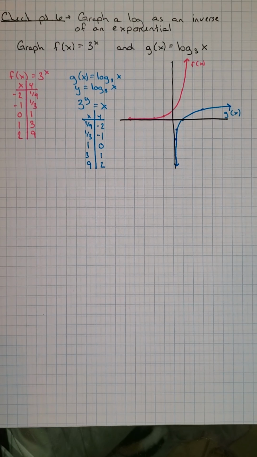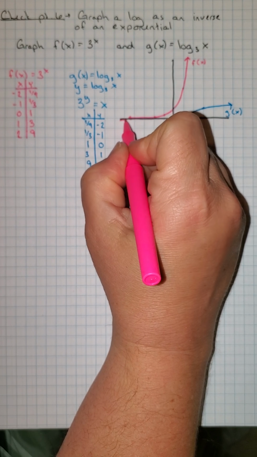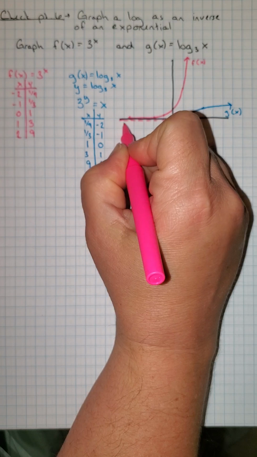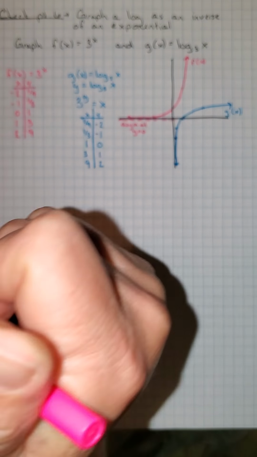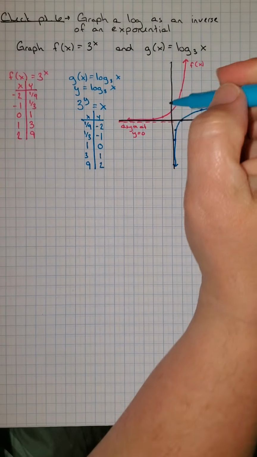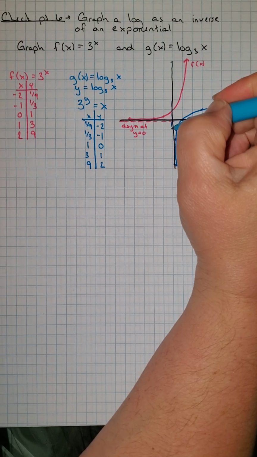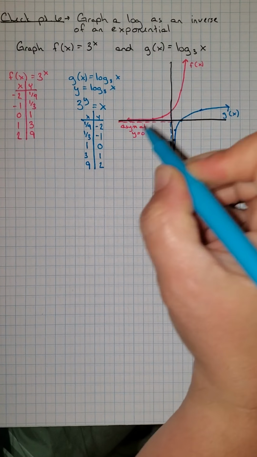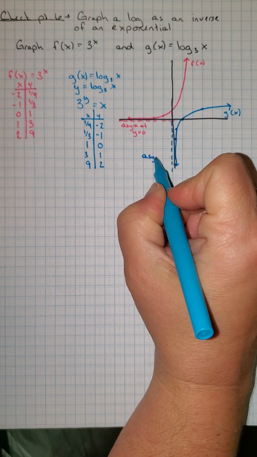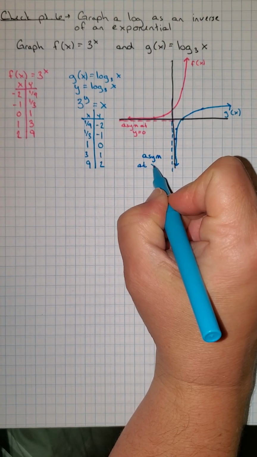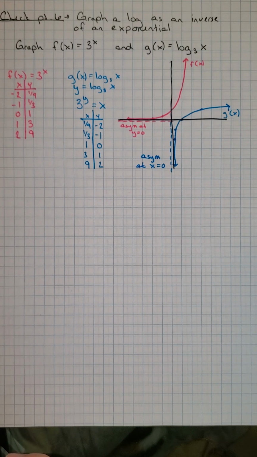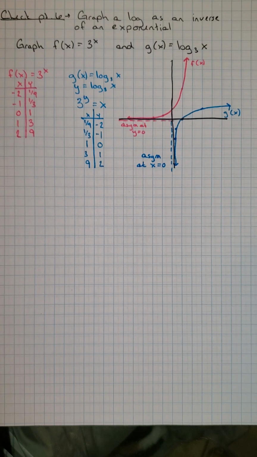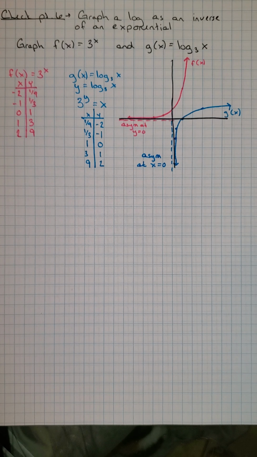So the first one, f of x, had an asymptote at y equals 0. So the log graph actually has an asymptote at x equals 0. And that's the graph of the two functions, showing that they're inverses of each other.